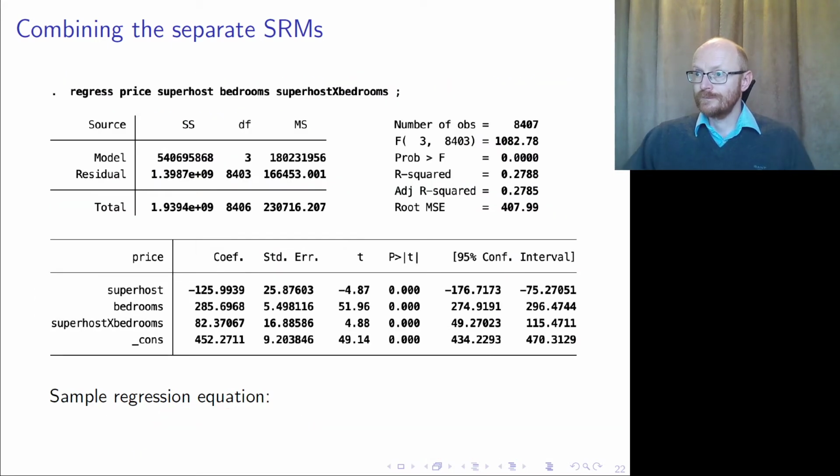Okay, so if we combine these separate simple regression models, then we have the y variable, and we have the superhost dummy variable. Okay, we have bedrooms, which is the slope, and we have the interaction term. Okay, and this interaction term will give us the change in slope. The superhost dummy variable will give us the change in intercept.